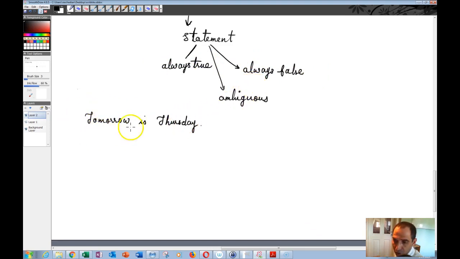You don't know what today is, so therefore you don't know what day tomorrow is. So this statement can sometimes be true, sometimes false. This is an example of an ambiguous statement.